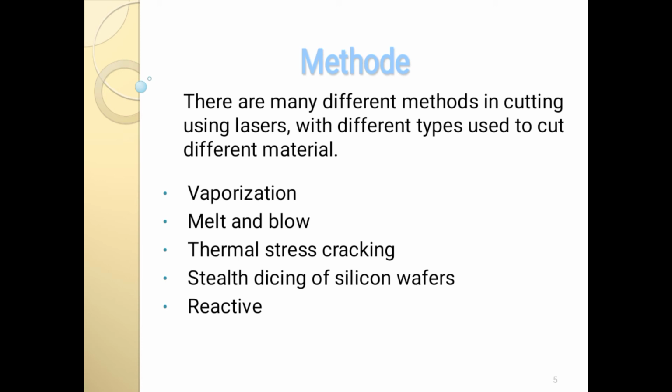Fifth method, reactive cutting, also called burning stabilized laser gas cutting. Reactive cutting is like oxygen torch cutting but with a laser beam as the ignition source, mostly used for cutting carbon steel in thickness over 1 mm. The process can be used to cut very thick steel plate with relatively little laser power.